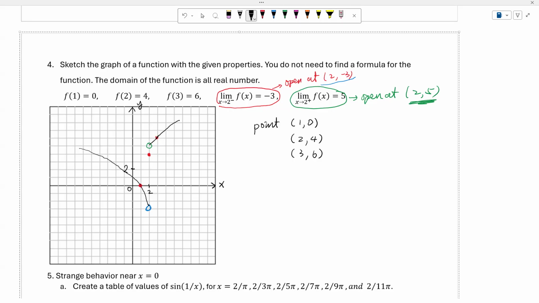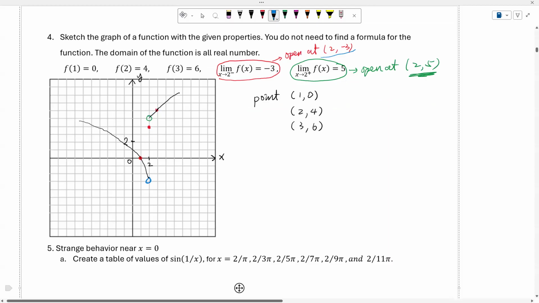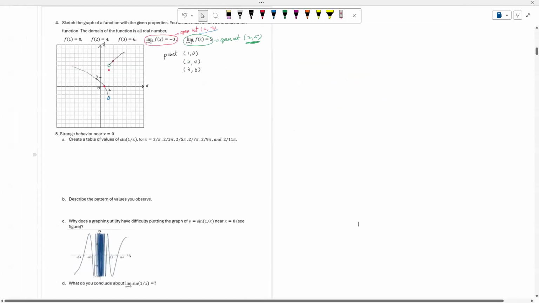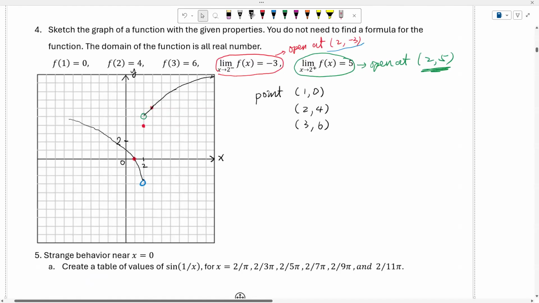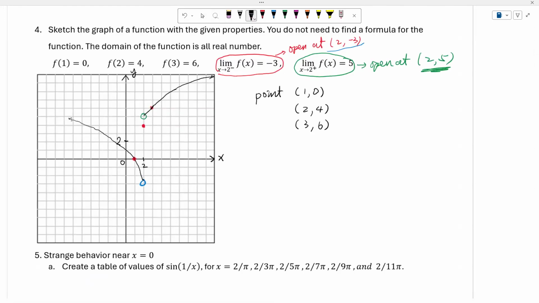Remember one thing about this: the function will not do this and then continue to here. If they continue to connect to this right here, it's not a function because it fails the vertical line test. So this is not allowed. Then, because the function is defined for all real numbers, what I need is to just make it go right, like this.